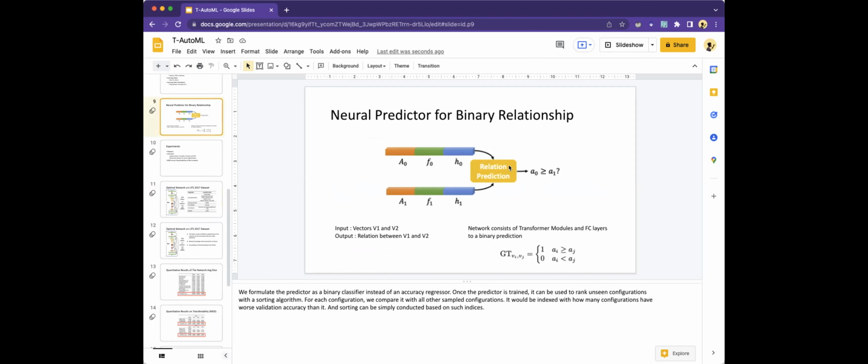Am I correct in that assumption? Yeah. So basically they have these ground truths for every vector. And in this one, they just use this transformer architecture as a binary classification problem rather than a regression problem. Okay. And so do these vectors evolve over time, or how?